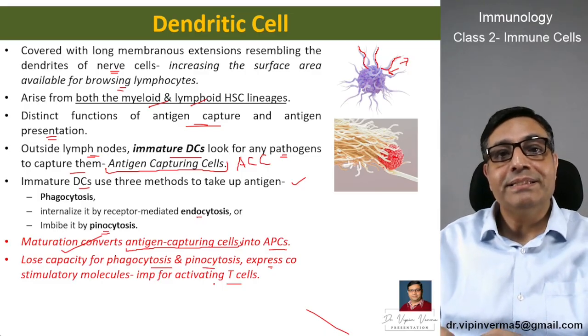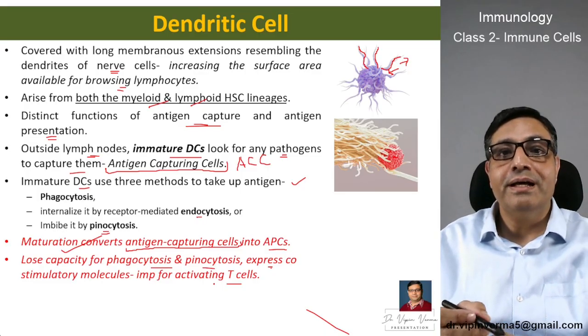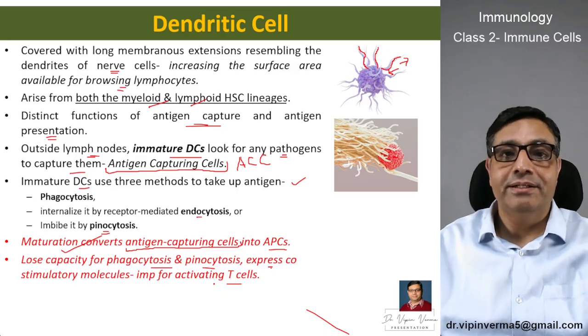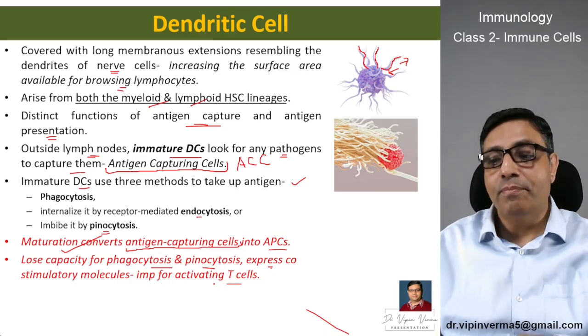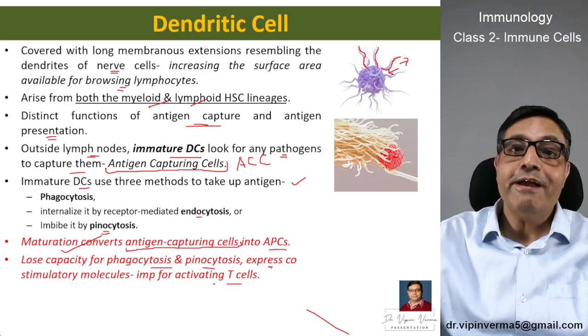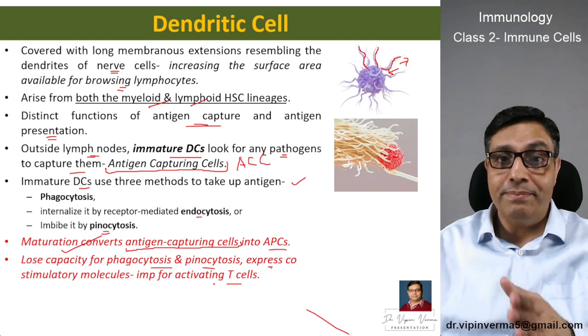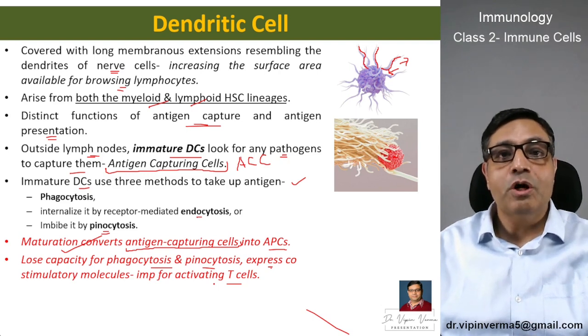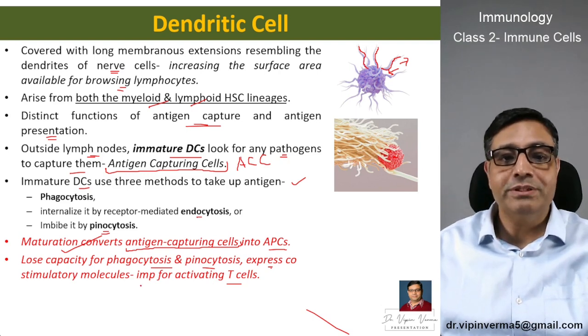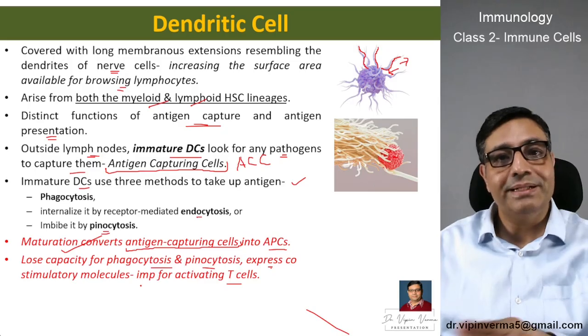And in this capacity there might be a scenario where they get exhausted. Okay, and they probably would not be able to efficiently present a single antigen. So that's probably the reason nature has downgraded the function of phagocytosis and capturing, while changing these cells into antigen presenting cells.